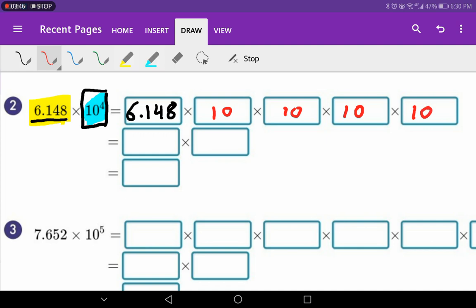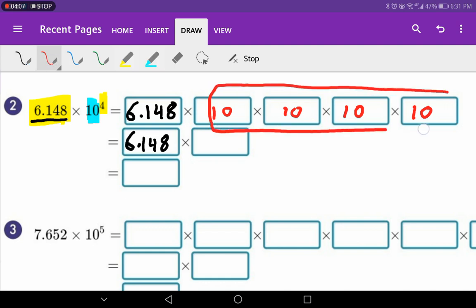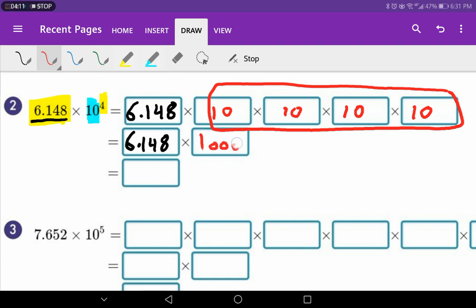How many times? Four times, regarding the power. See, the power is 4. That means 10 multiplied by itself 4 times. Now I copy 6.148, and make this 1 and 4 zeros, which is 10,000.